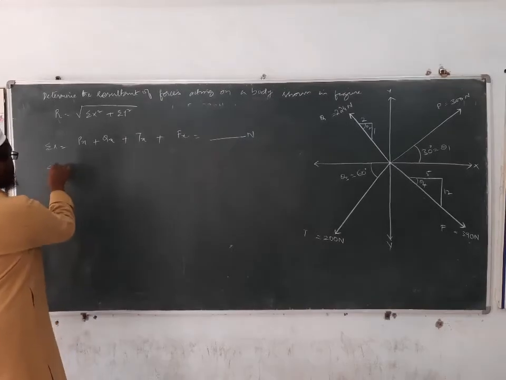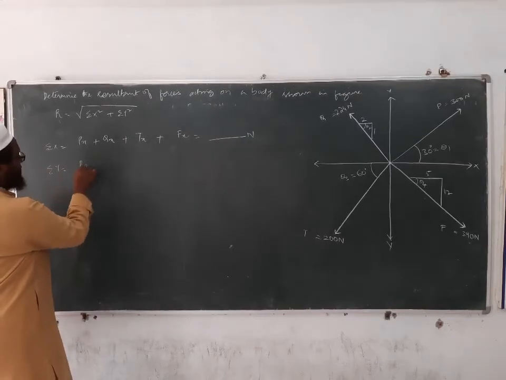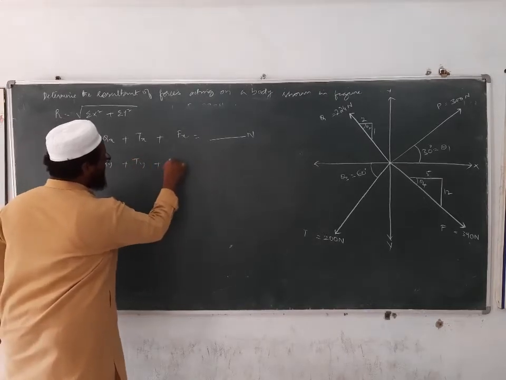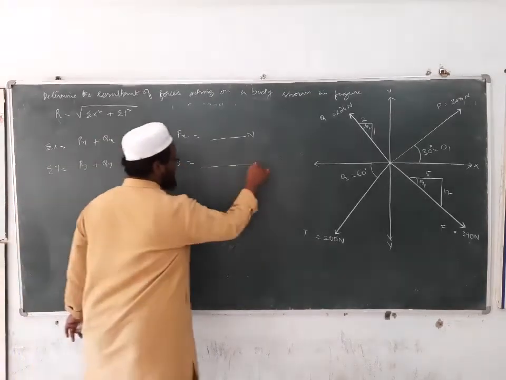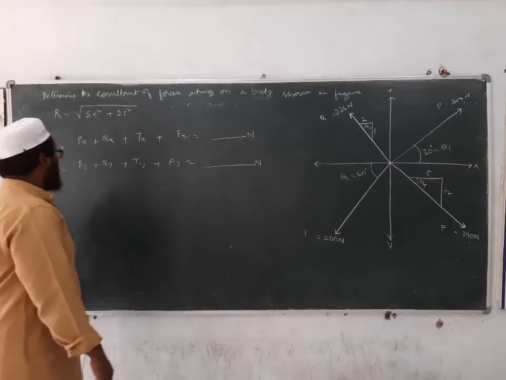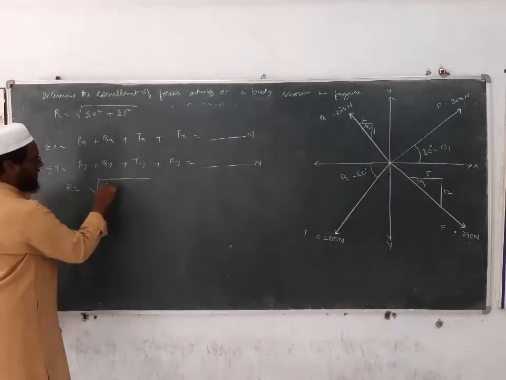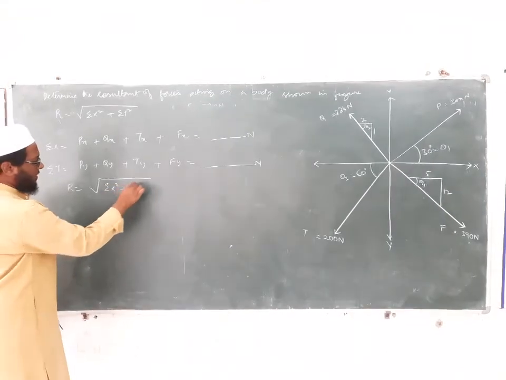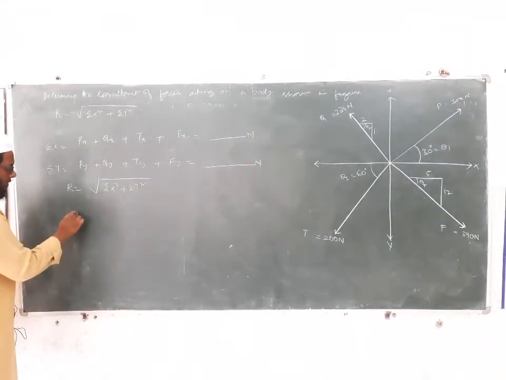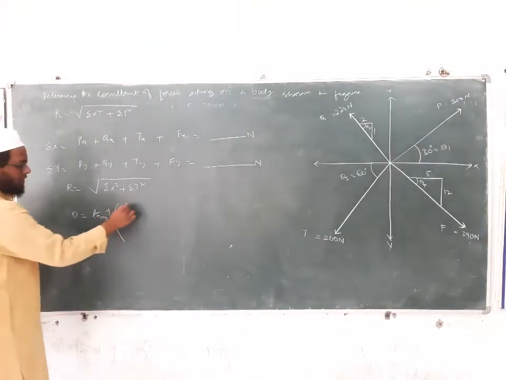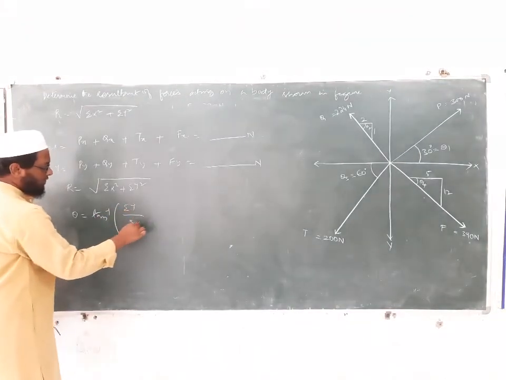Then you will get sigma y. Sigma y is Py plus Qy plus Ty plus Fy, which gives some value in newtons. After that, the resultant is equal to under root sigma x square plus sigma y square. Theta is equal to tan inverse of sigma y by sigma x.